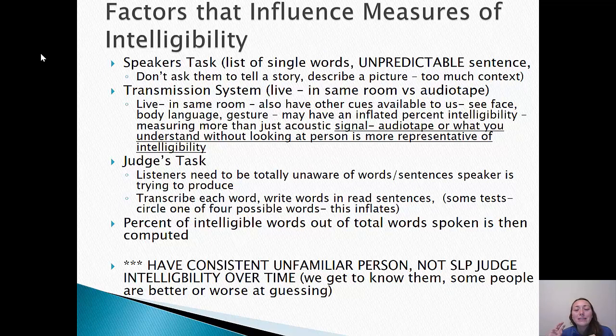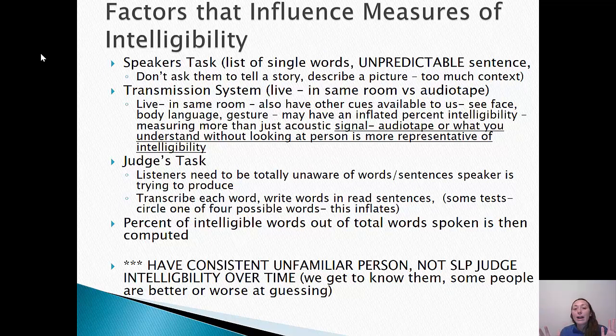However, what we're listening to can be impacted by other cues that are not just that auditory signal. So gestures, body language, miming, all of these other things that I'm doing to distract you as you're watching this video, here we go, can inflate that percentage.